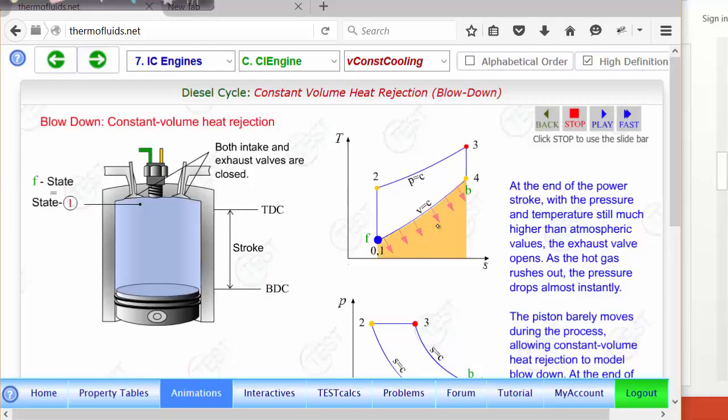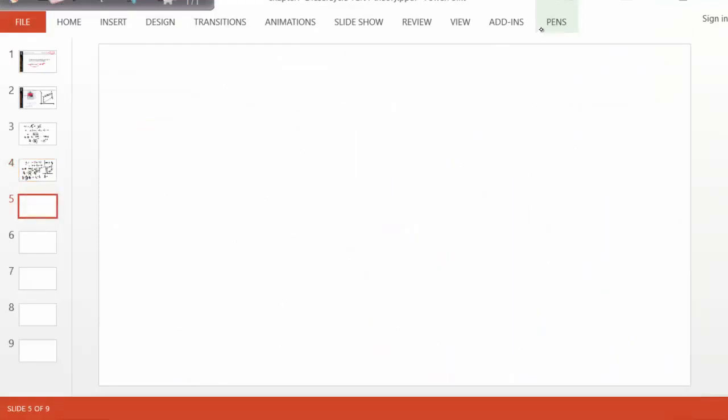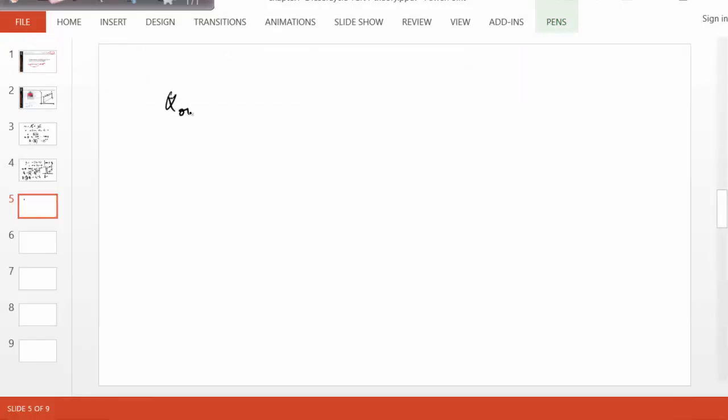So the Q out here that takes place can be written as, so Q out must equal mass times U4 minus U1, CV times T4 minus T1.